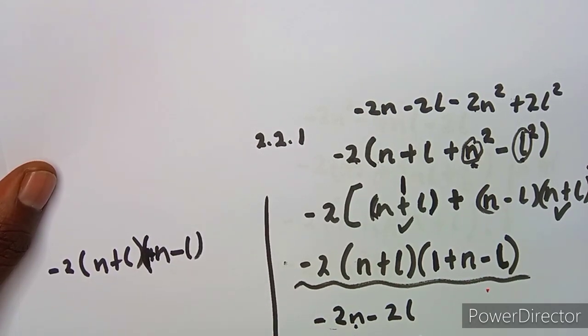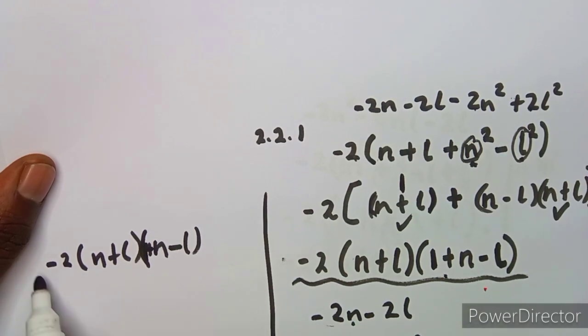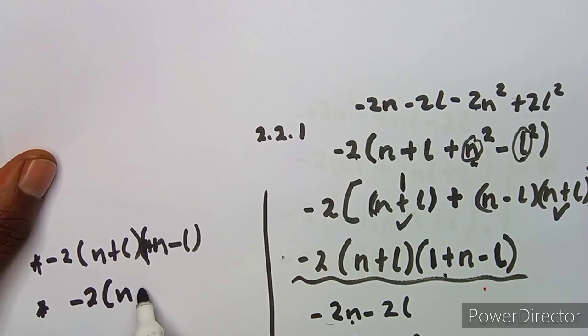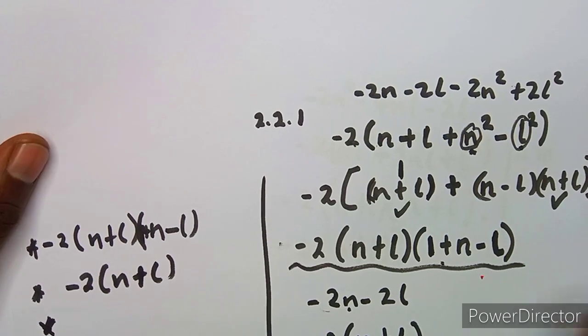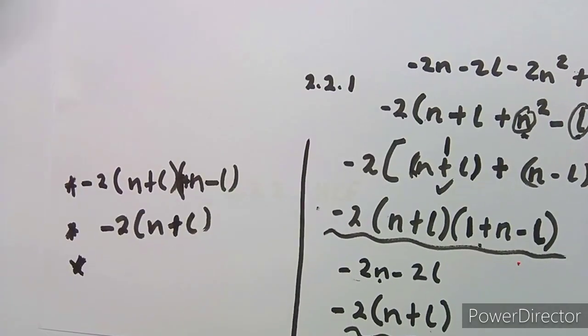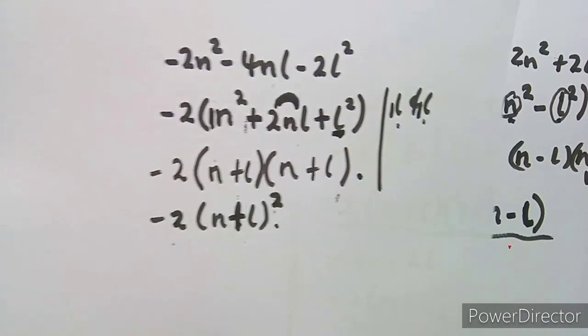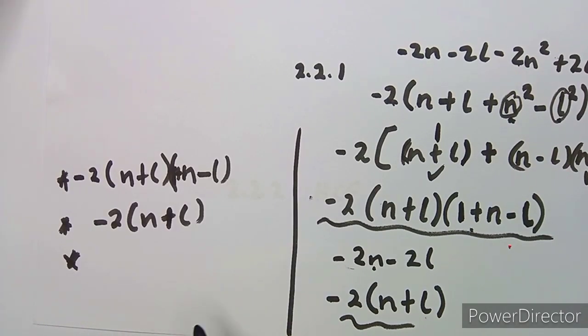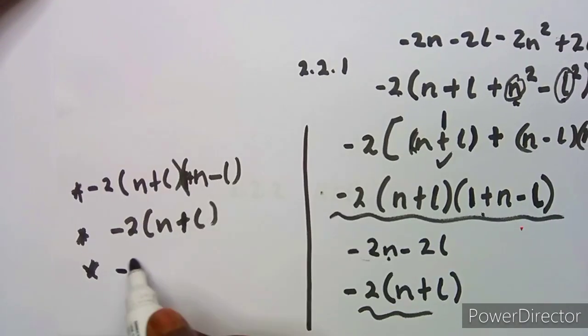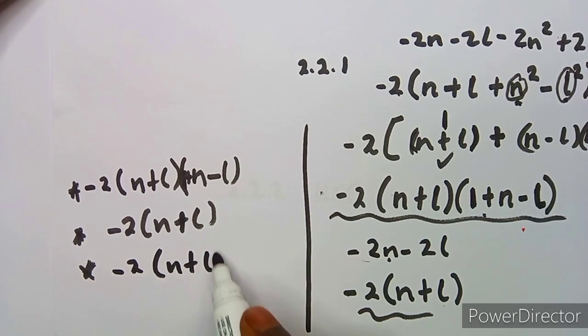Take note guys, this is a 1 plus. And the other one we obtained minus 2 into n plus l, so that it can be easier for us. The other one, which is this one, we obtained minus 2 into n plus l squared.